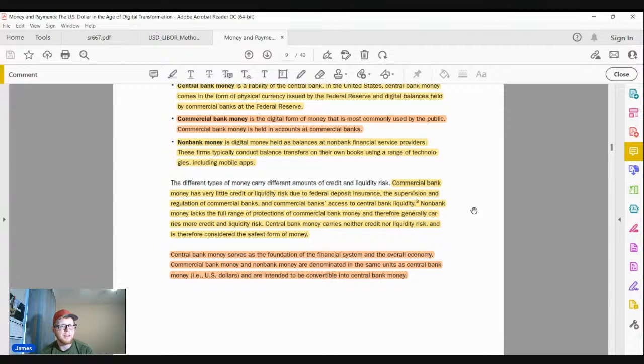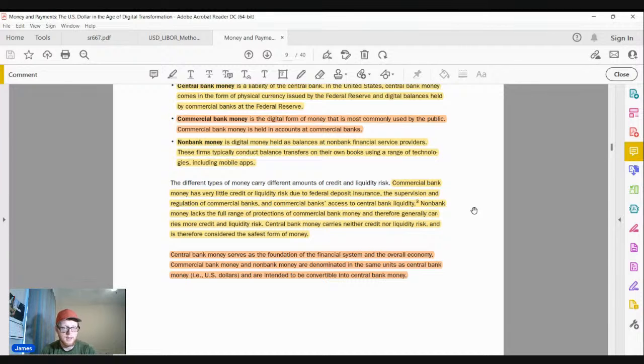I think it could be arguable about the credit risk for central bank money, because you're talking about the credibility of the central bank itself, or the government in this case, or sort of in this case. And that's getting into the nuances of how the Federal Reserve is intertwined with the public sector, but not really in the public sector.